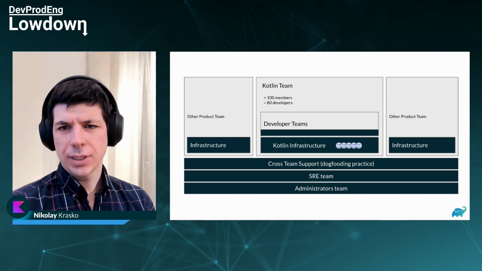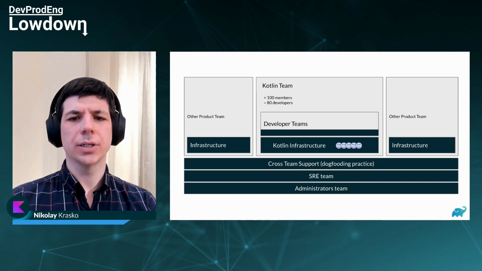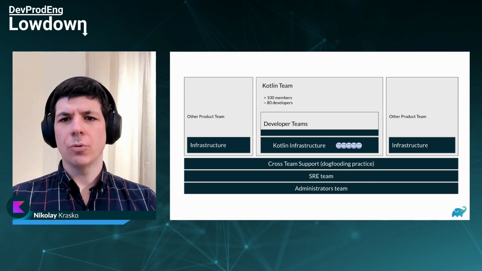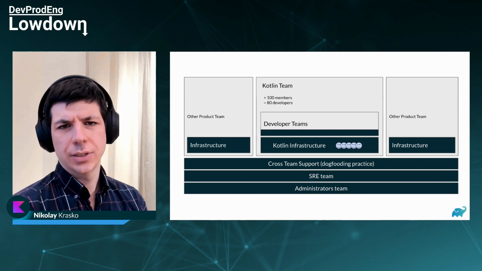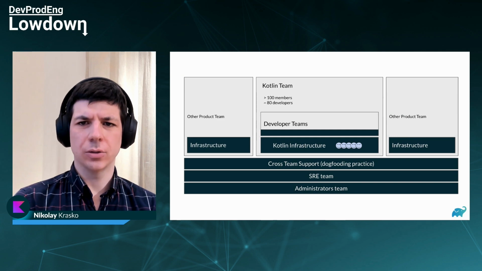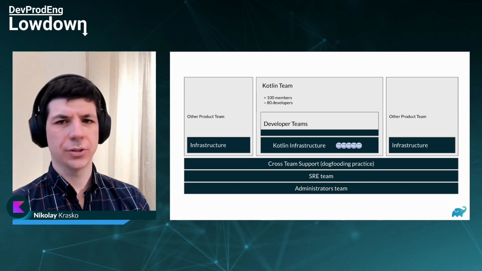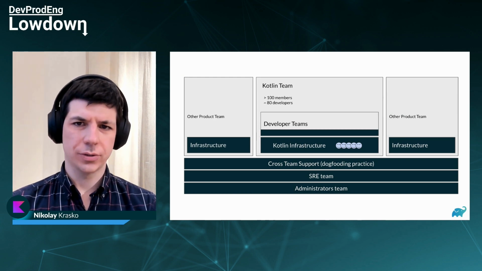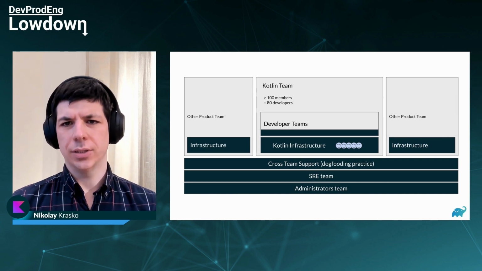In JetBrains, we have several teams that are working at the level below us. They work for the whole company and can help with infrastructure. There is an amazing team of administrators who handle all hardware problems. And also we have site reliability engineers that support a lot of services that are used extensively inside the company.